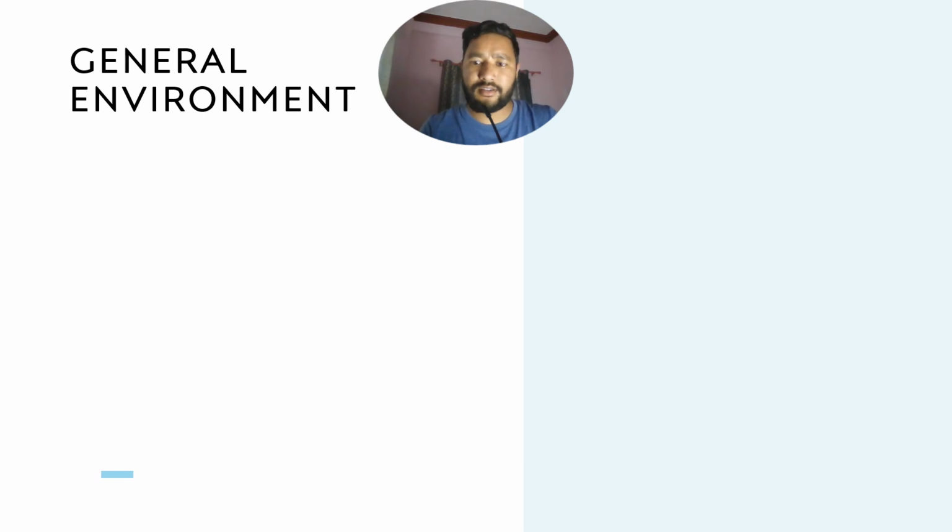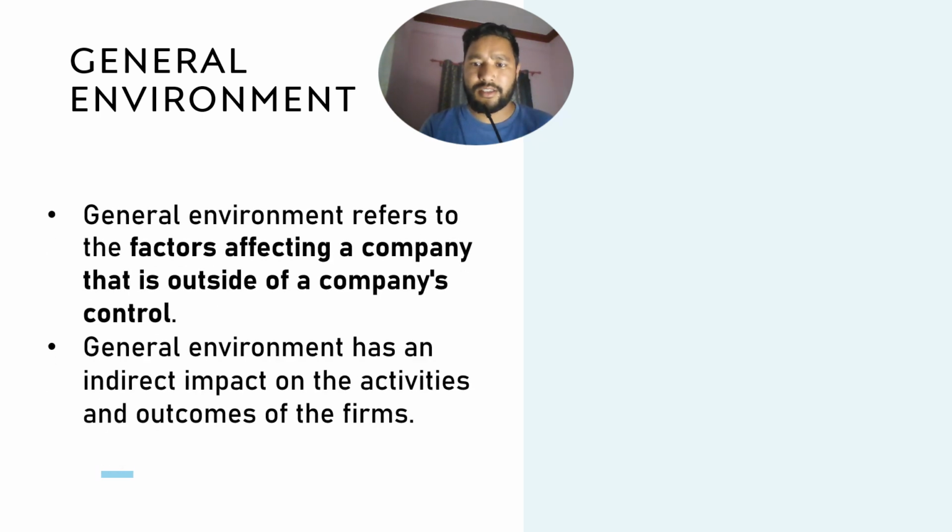Now we are going to discuss the general environment, which is the subdivision of external environment. General environment is broader than the task environment. We have said that to some extent, factors of task environment can be controlled by the organization. They are near the organization. They have a direct relationship with the organization.